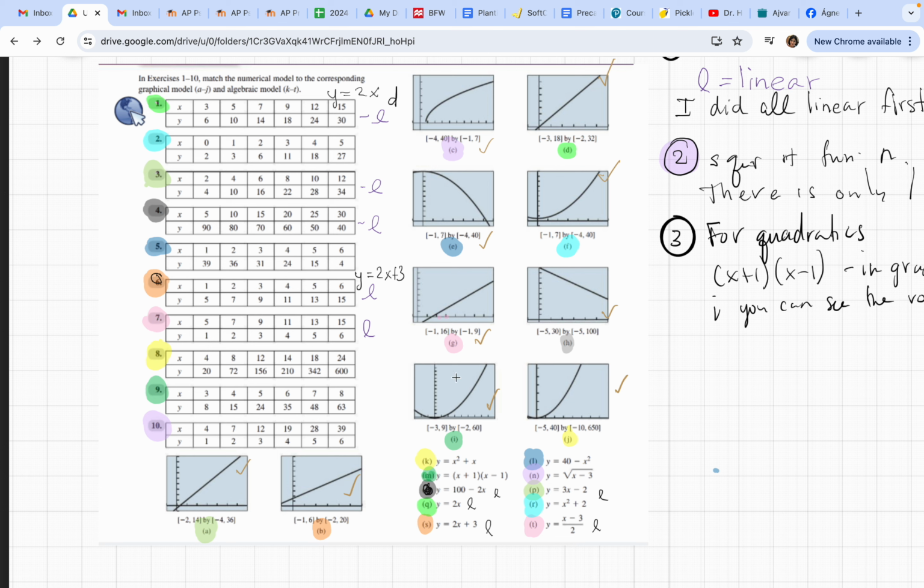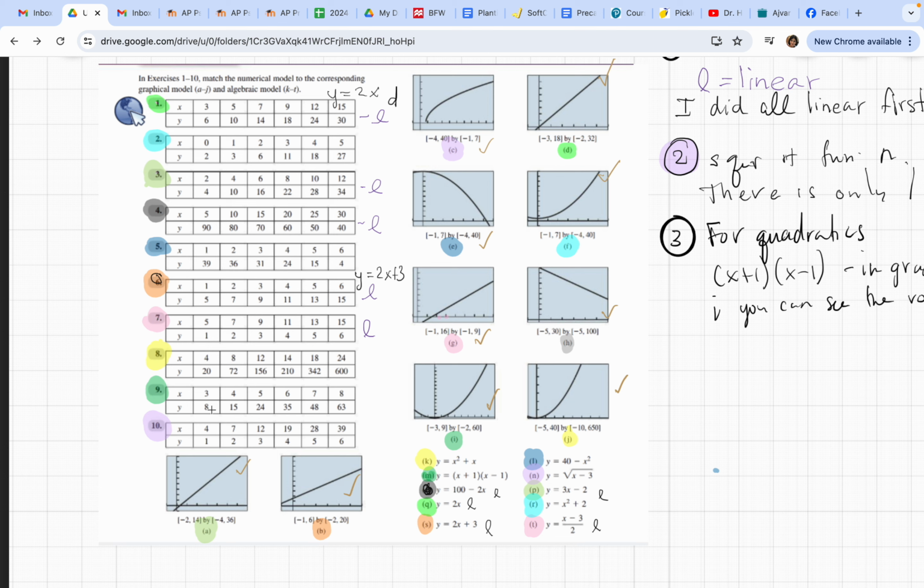And then I looked again, and oh, this is the only one that's a square root function. So down here, I only have one square root function. And when I put in an input, I'm going to say x minus 3 and then take the square root. So as I'm looking at these tables of values, I'm looking to see, does that happen? If I subtract 3 and take the square root, well, that doesn't work.